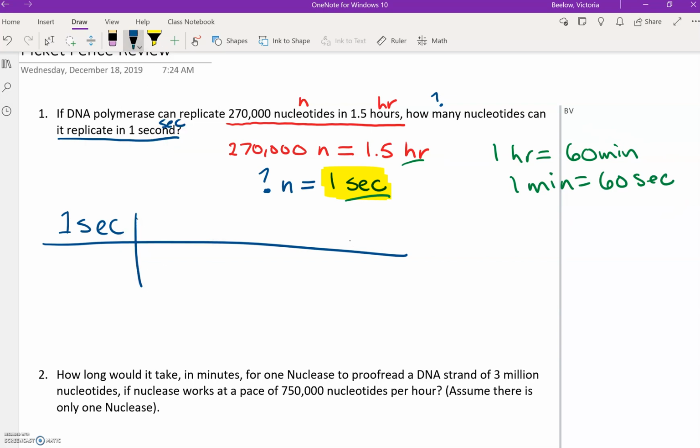Okay, so now I can start plugging things into my picket fence. We use this guy right here. This is what I'm starting with, so I'm starting with 1 second. The next step for completing a picket fence is you have to plug things in. I always start here in the bottom.